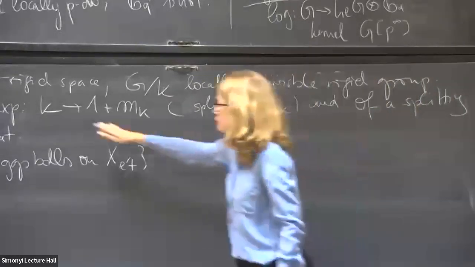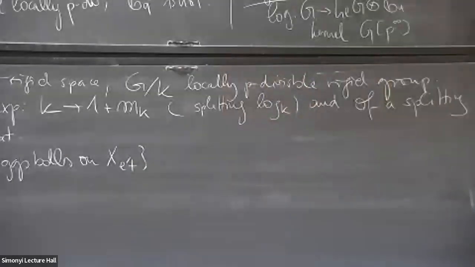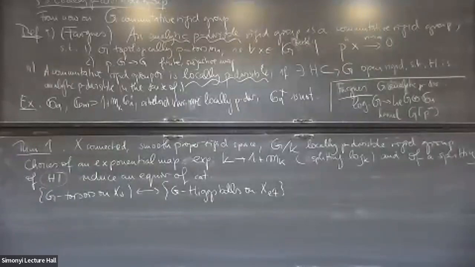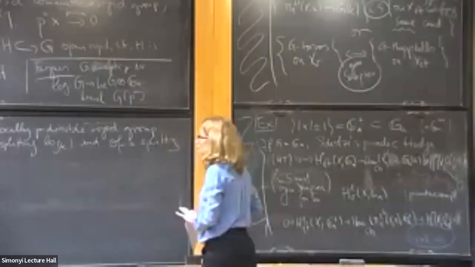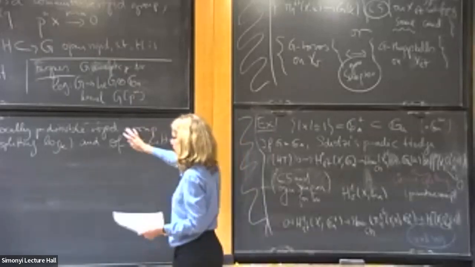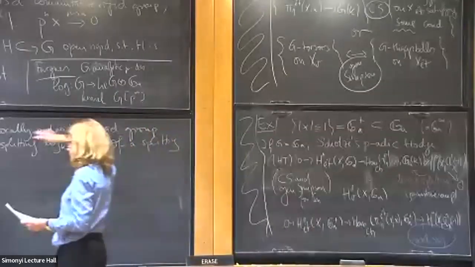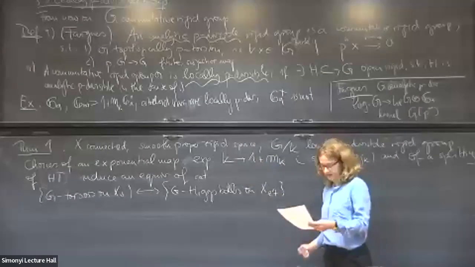If you choose those data, you can get an equivalence of this type, of the general kind. If I have time in the end to say something about the proofs, we will see how in the construction of this equivalence these two data enter.